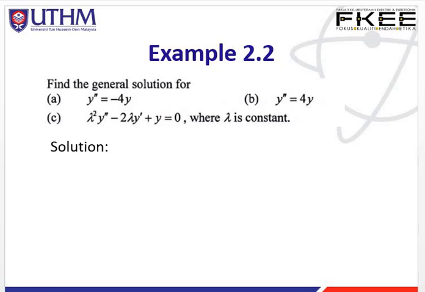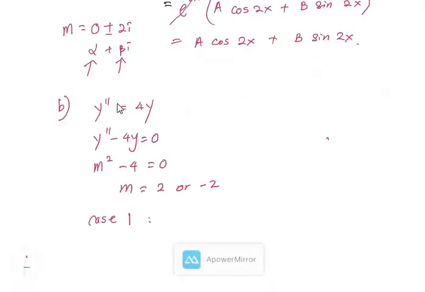So this one is real. Which case? It's two real and different roots, so case 1. For y, m equal to 2 or negative 2. So case 1 is two real and different roots.